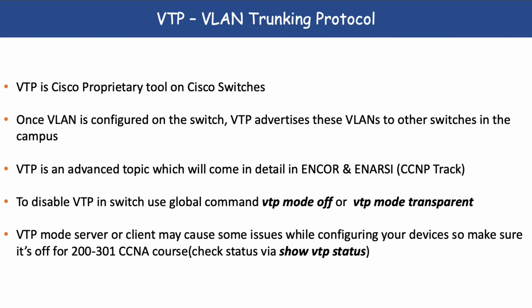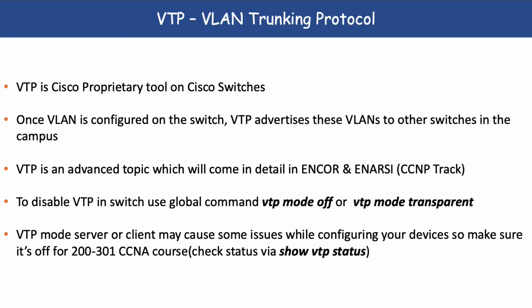So before we get into the second VLAN type, that is the trunk VLAN, we need to understand some Cisco proprietary protocols. The first one is VLAN Trunking Protocol. Now VLAN Trunking Protocol is a Cisco proprietary tool which is loaded on all the Cisco switches. And what happens in this is if you configure a VLAN on one switch, it will automatically get configured on the other switch as well.